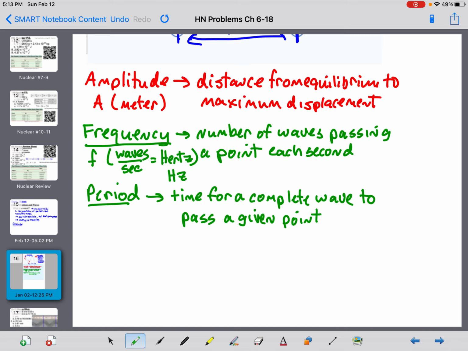So then this is time for a wave, symbol capital T. So then this would be in units of seconds per wave.